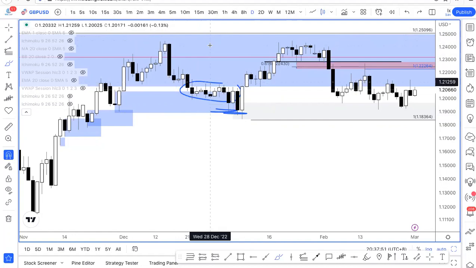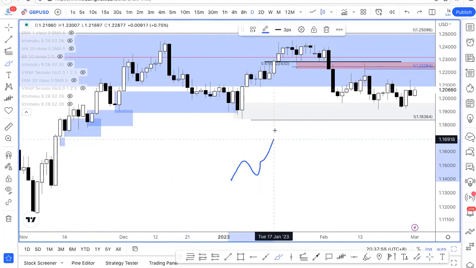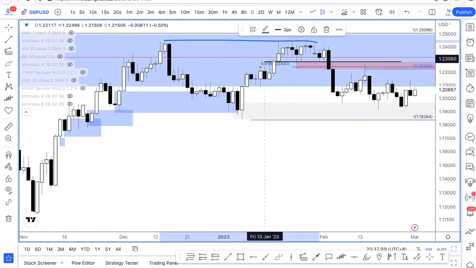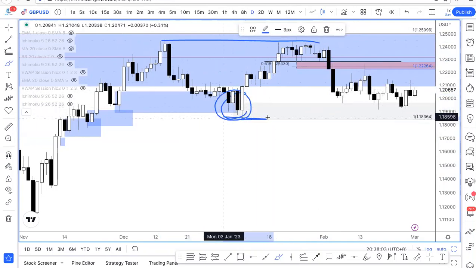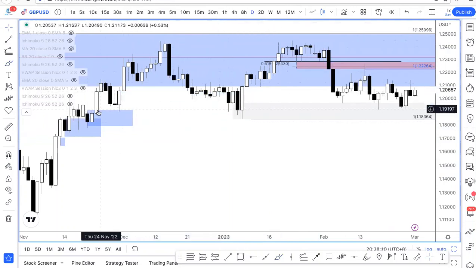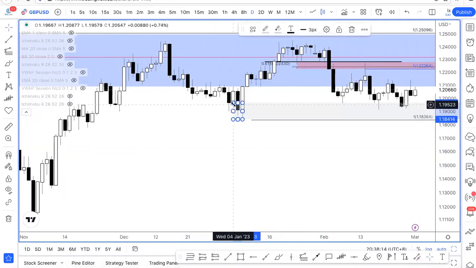By market structure, recall that in an uptrend, the low should not be violated and the high should be a target. In this case, you can see that price did not actually form a new high. So what this suggests is that this low itself is a potential target. So this for me is the support area. Let me just remove all these regions. So we have a support area here.